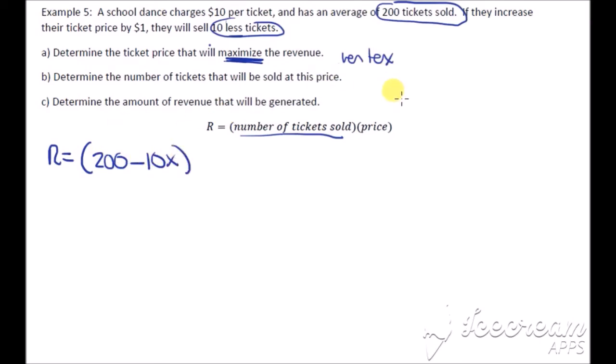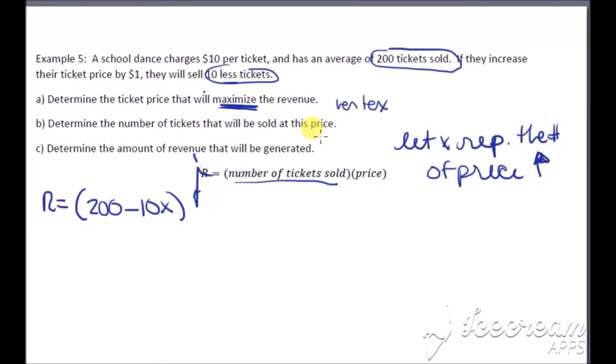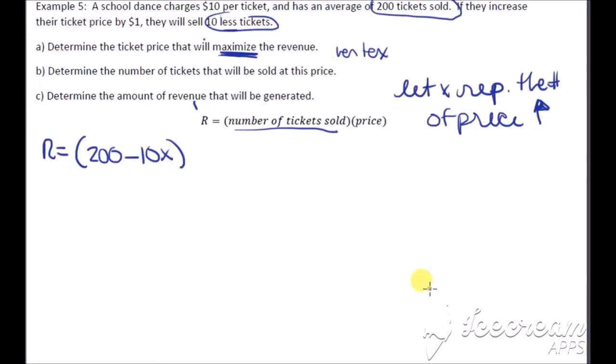Okay, and we're going to let x represent the number of price increases. And then the price is going to be $10 a ticket plus $1 times the number of price increases.